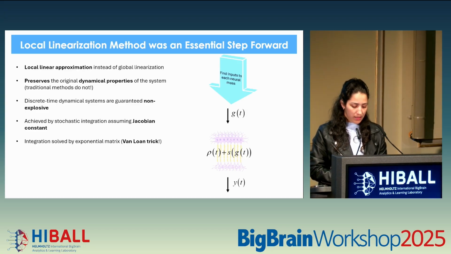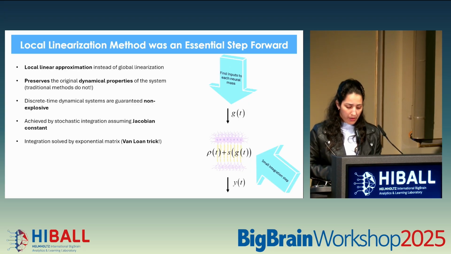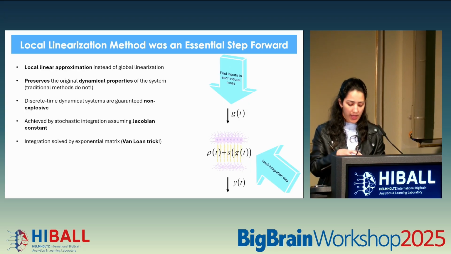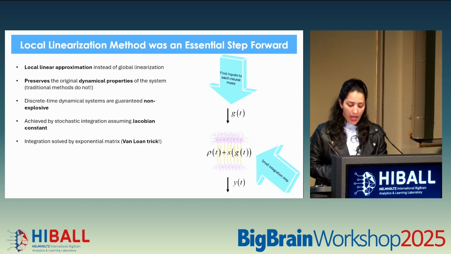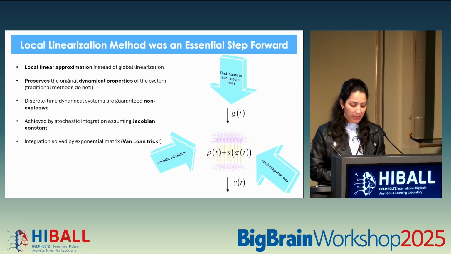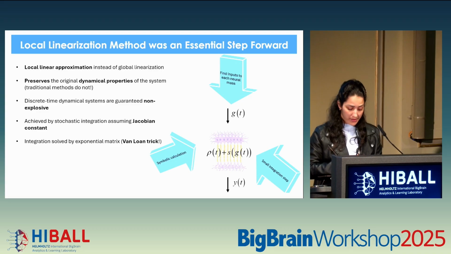So basically, this numerical integrator finds the inputs for each neural mass, and they are treated as known values, which makes the integration faster.